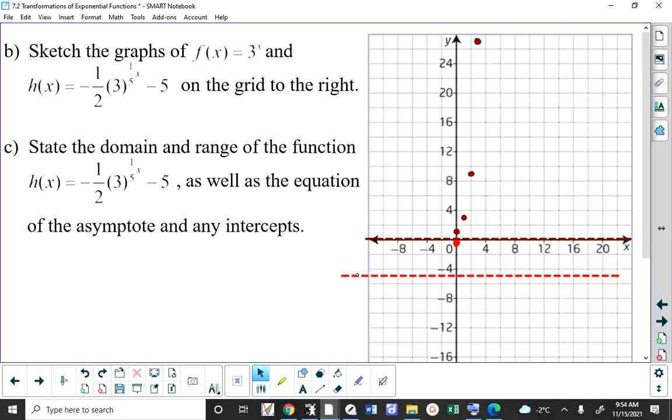And that red point, which was 1/2 of a unit below the x-axis, is now going to be 1/2 of a unit below that horizontal asymptote.